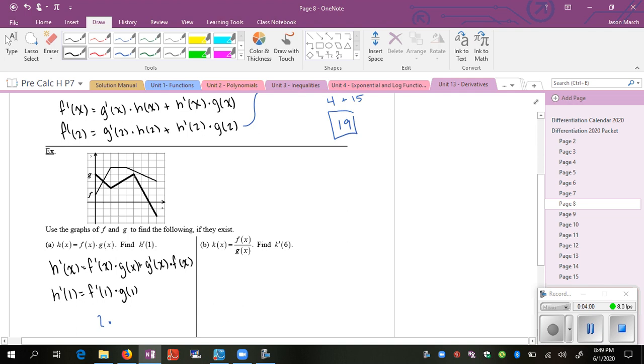G is the thick graph. G of 1 is 3, plus g prime of 1.